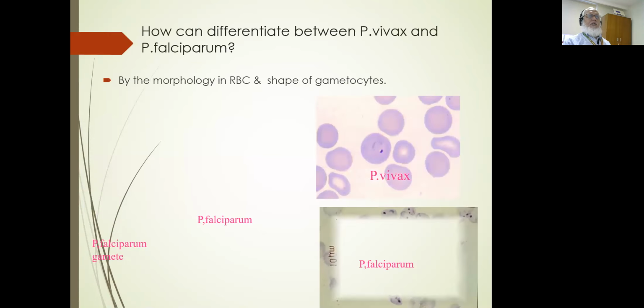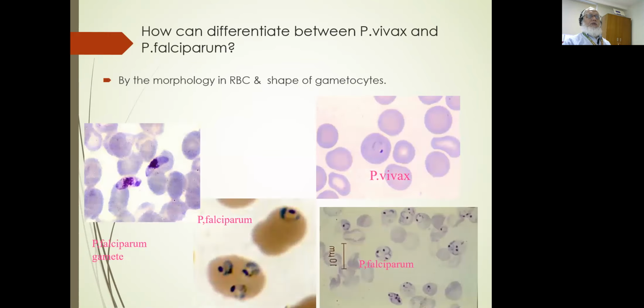How can you differentiate between Plasmodium vivax and falciparum? By morphology in the RBC and shape of gametocytes. You see, Plasmodium vivax ring form is larger, and falciparum ring form is smaller. Plasmodium vivax is present in one RBC, one parasite.